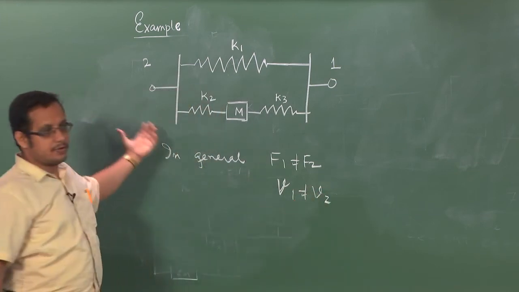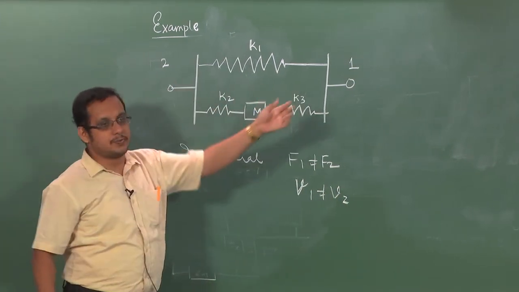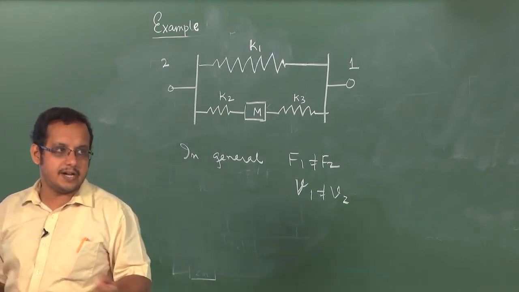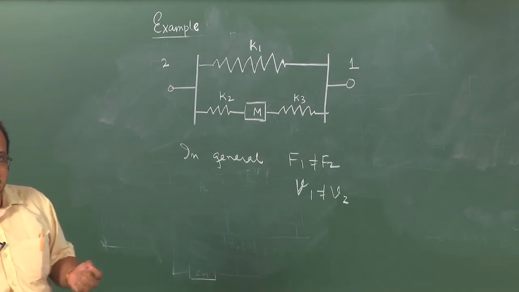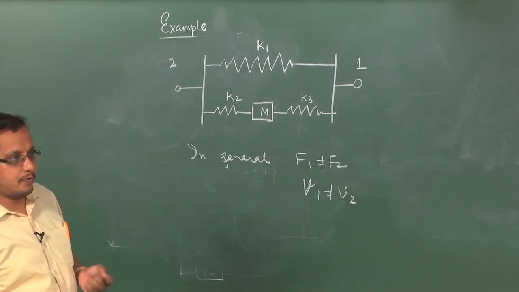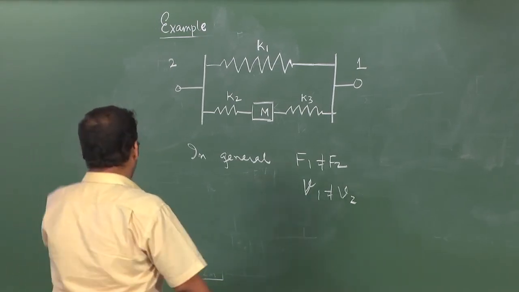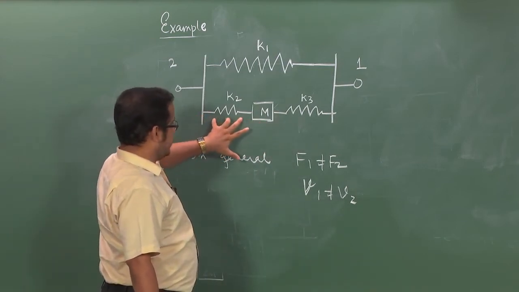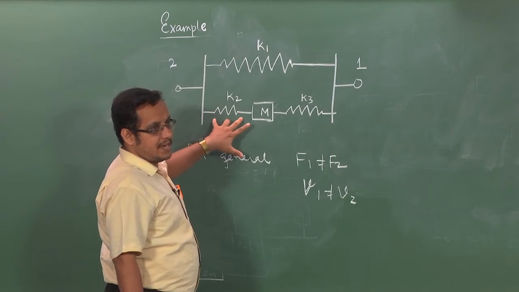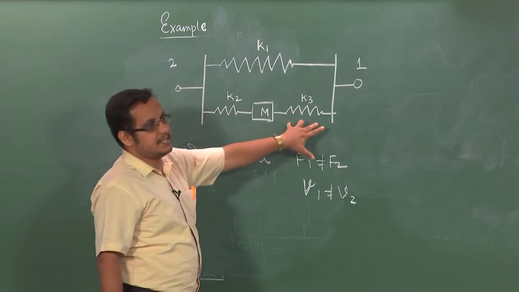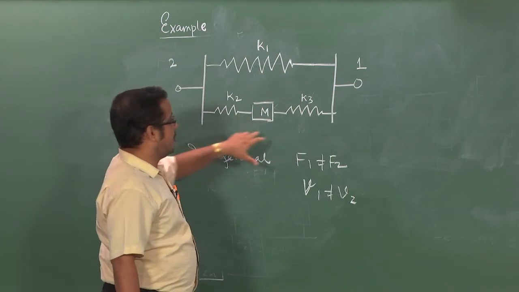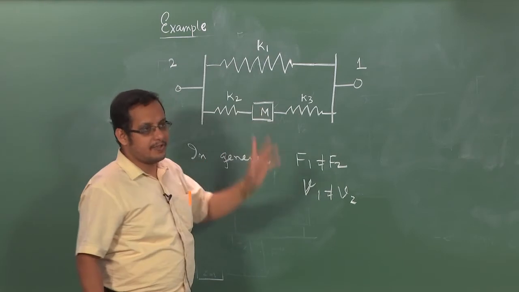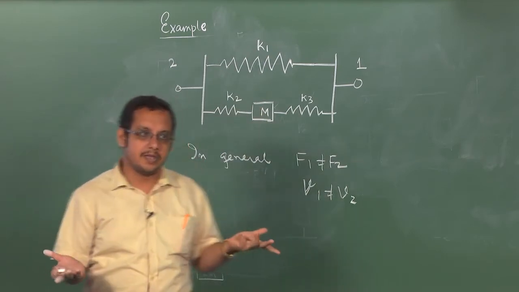V1 is not equal to V2 is obvious, because these are 2 springs and the spring at its 2 ends can have different displacements, right. There is nothing constraining the 2 ends of the spring to move identically. What about the force? Between the 2 ends of the spring, the force is getting identically transmitted, but since the force has to move a mass, between the 2 ends of the mass, the force need not be the same, right.